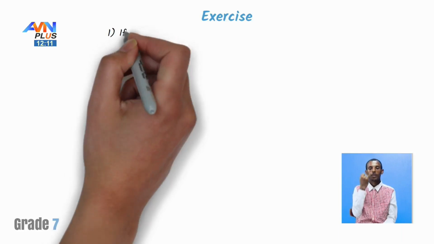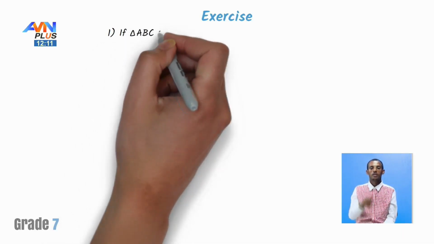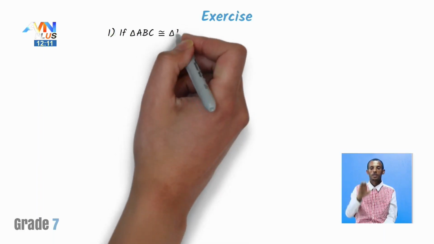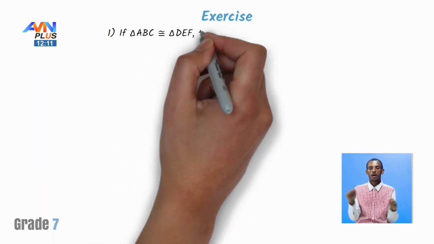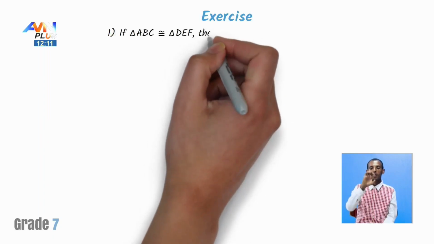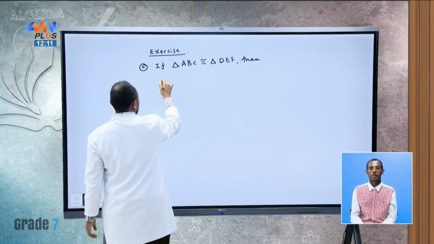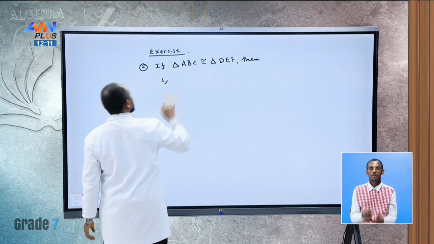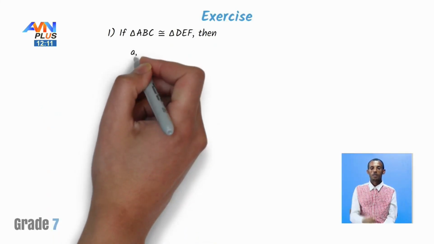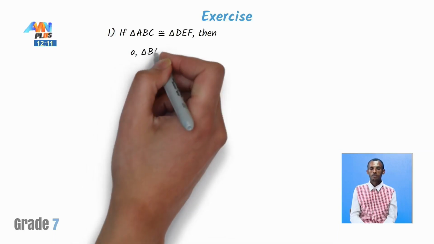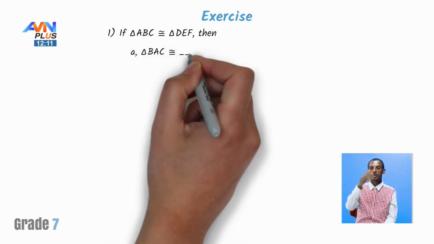If triangle ABC is congruent to triangle DEF, then A, triangle BAC will be congruent to blank.